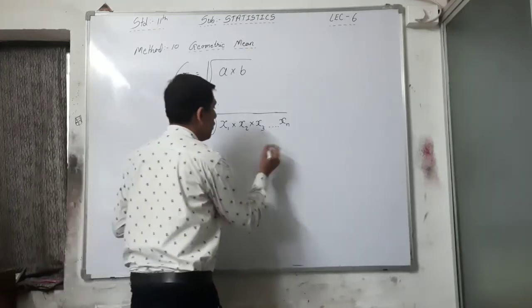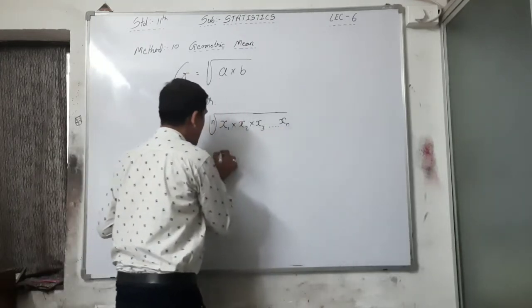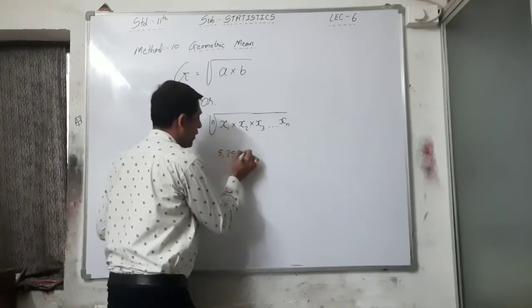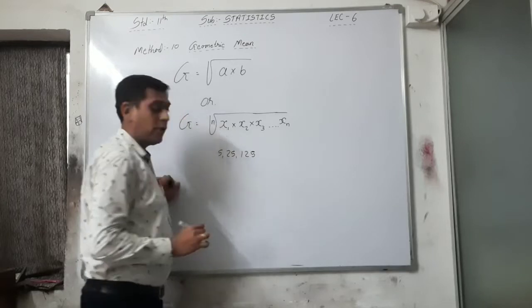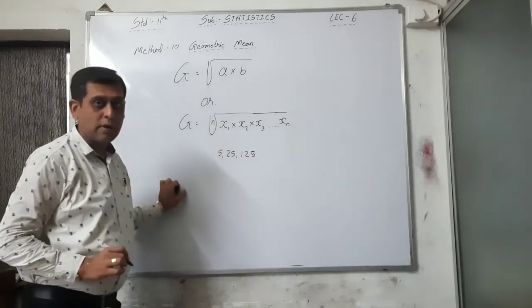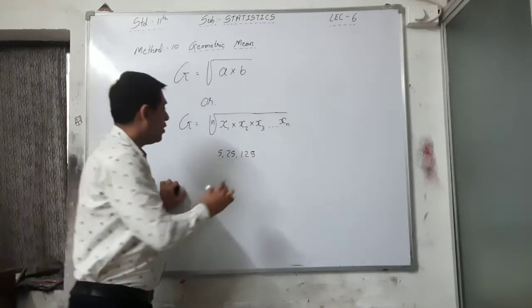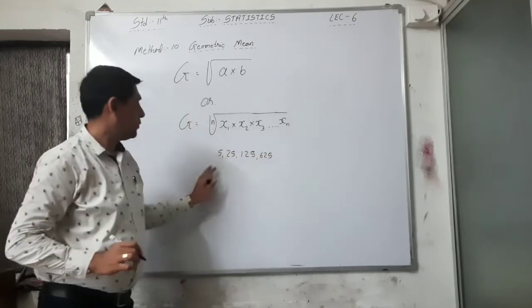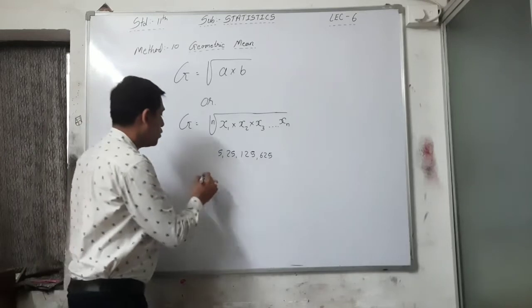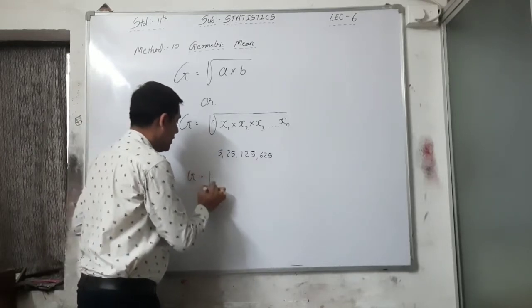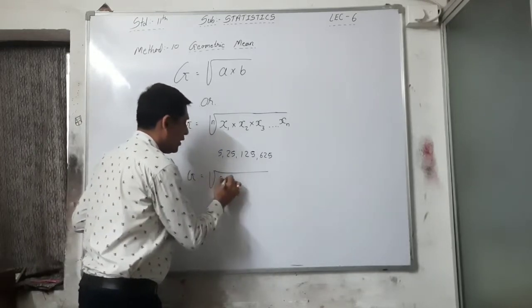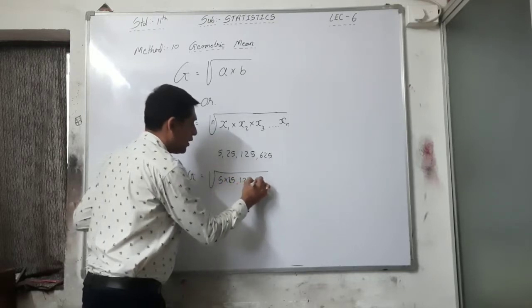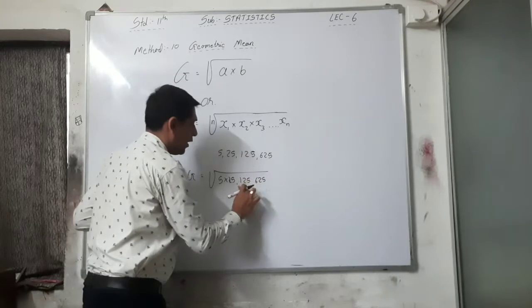The example for this: if it is given 5, 25, 125, 625, find the geometric mean of these. You find the geometric mean this way: 5 into 25 into 125 into 625.